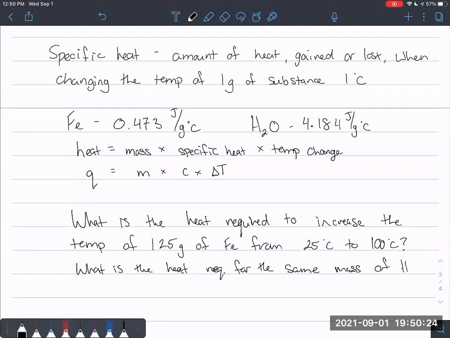And what's the heat required for the same mass of water? Go ahead and see if you can calculate that and what you come up with.